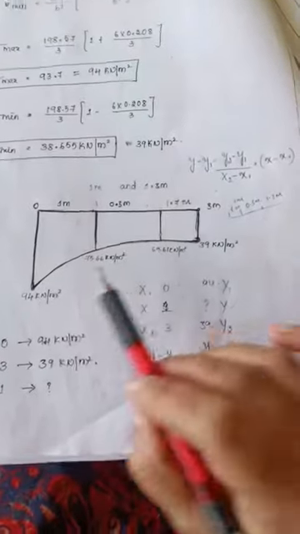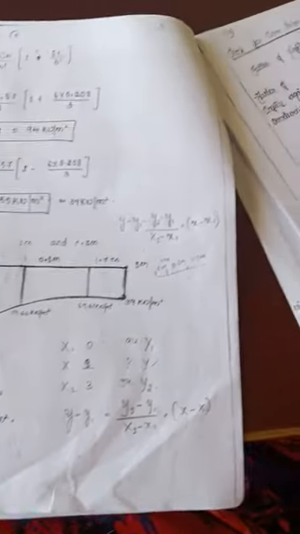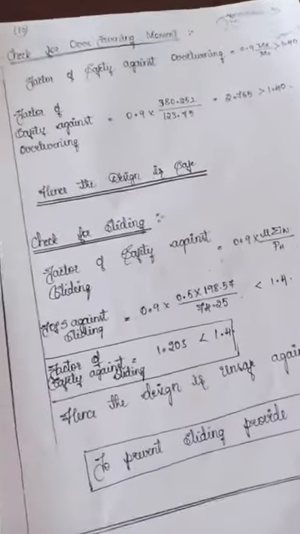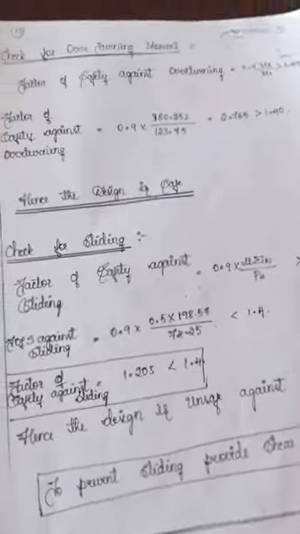After finding all these upward pressures, now we go through the check for overturning moment.